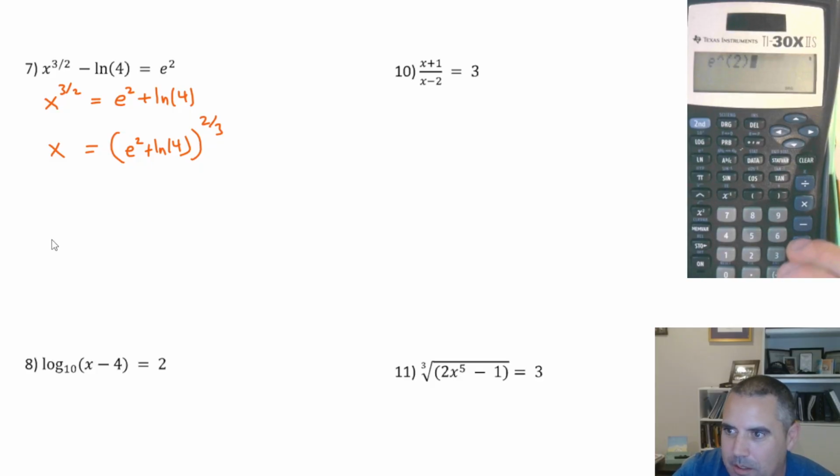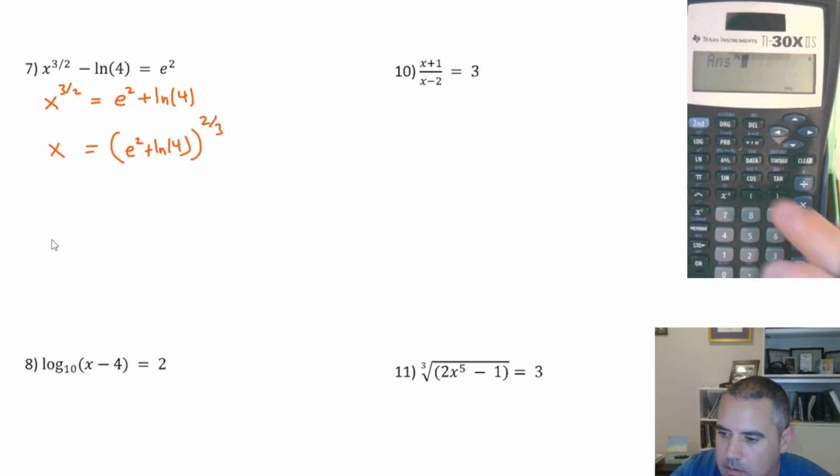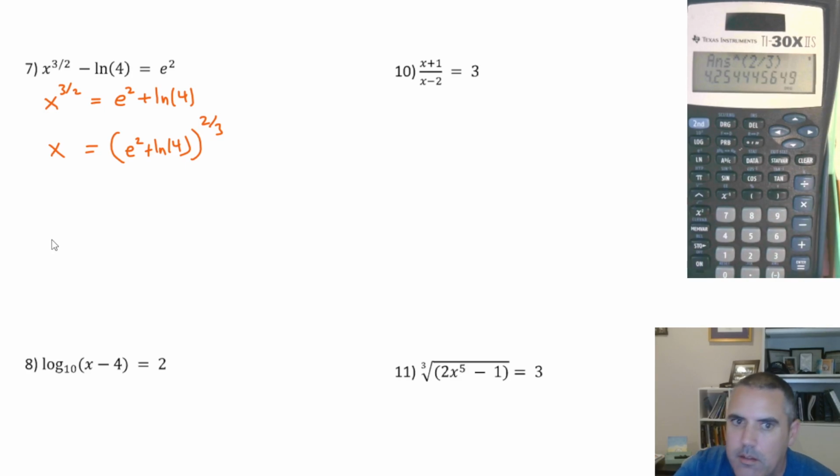My rule is if you have to go way beyond the display, you should stop. So I'm just going to compute what's on the inside. That's that number, 8.77. I'm going to raise that to the 2/3. Done. That was lovely.